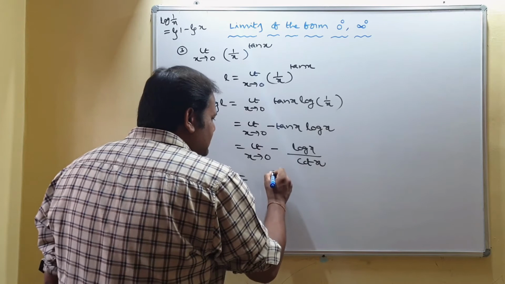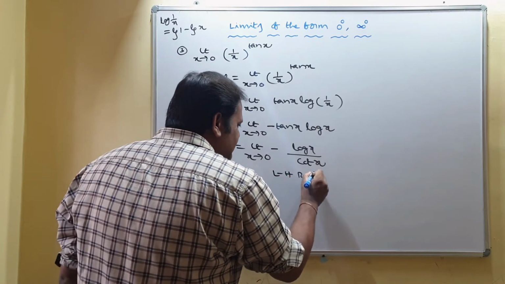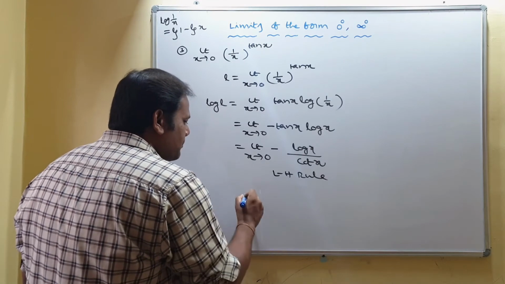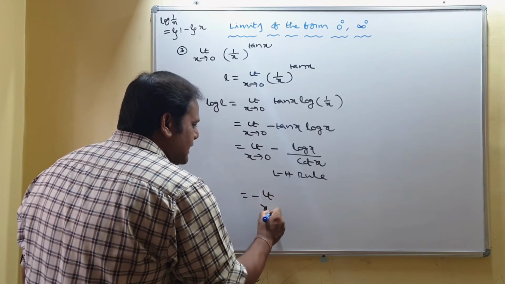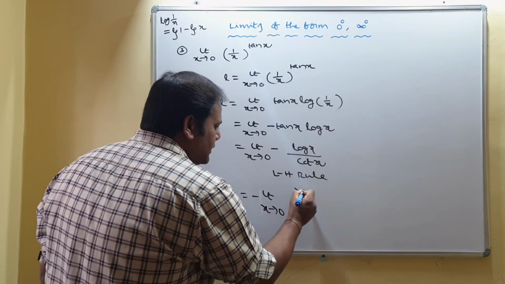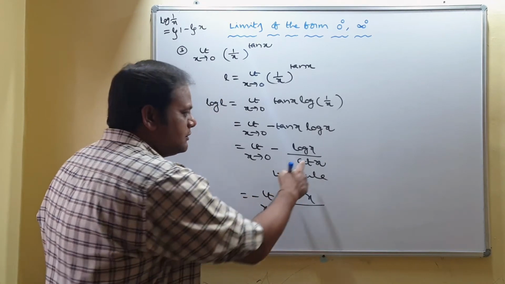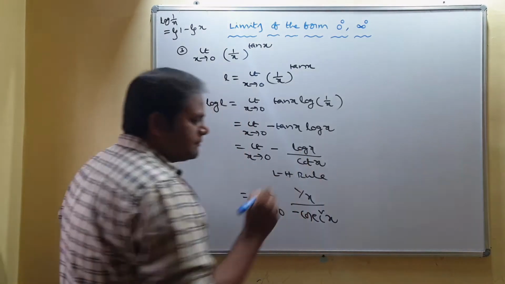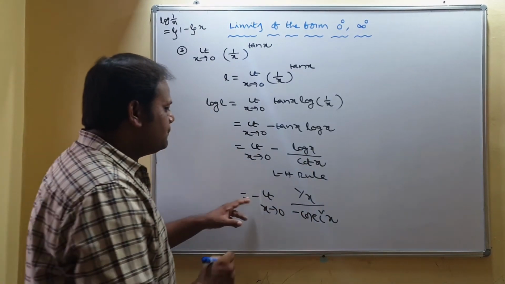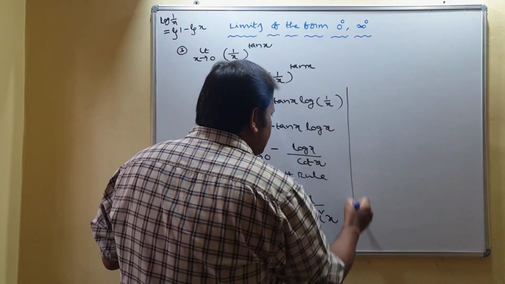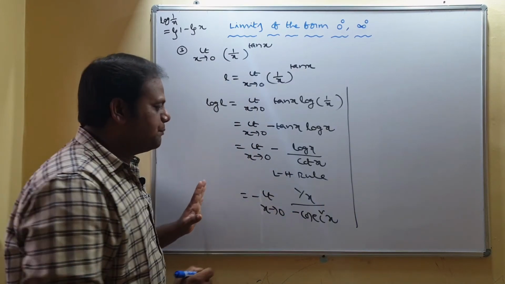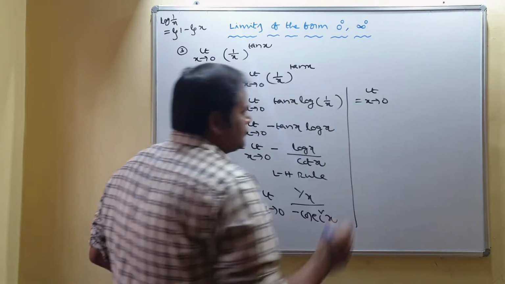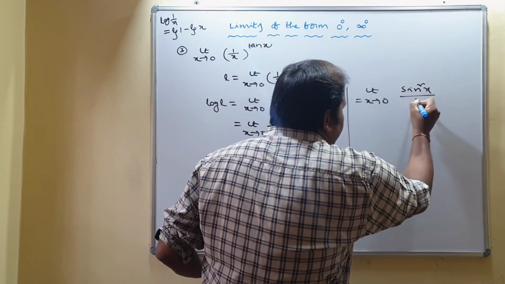Now what we do? We apply L'Hospital rule. So if you apply L'Hospital rule, you get minus limit x tends to 0, derivative of log x, 1 by x, by derivative of cot x, minus cosecant square x. So this minus becomes plus and we are left with limit x tends to 0, sin square x by x.